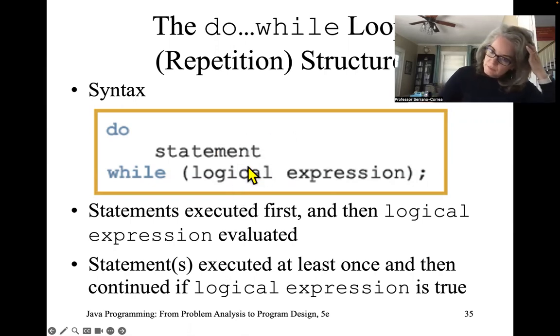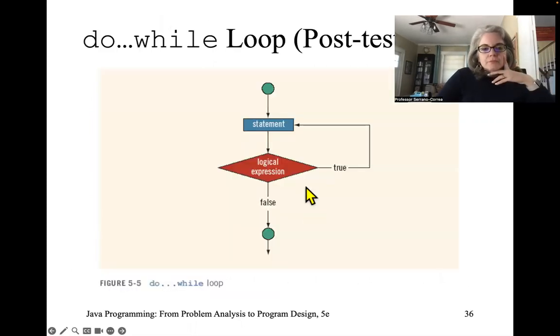So usually the do while loop is really good to use when you are validating data. So we're going to process a statement, then check to see if the condition is true. If it's true, we'll process the statement again.